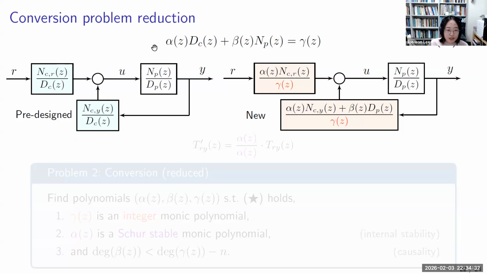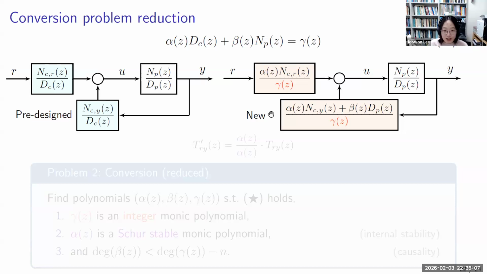Let's denote the pre-designed controller like this, where the denominator is D_C, and here are the numerators for the reference signal input and also the numerator for Y. And let's suppose that we have polynomials alpha, beta, and gamma that satisfy this equation.